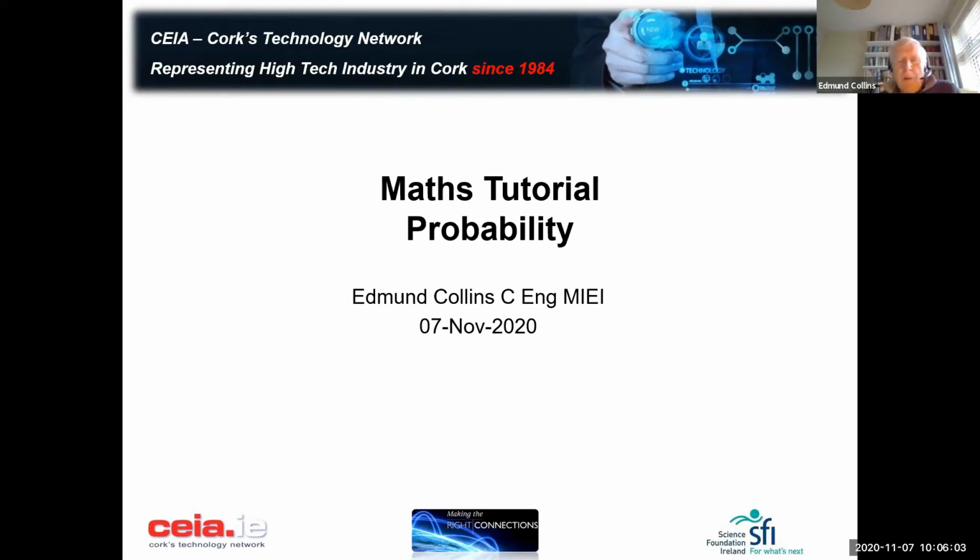Now, most of the probability questions don't require a lot of working. I have one example later on from last year's Leaving Cert paper, and that requires a little bit of work. But in the main, they wouldn't require the level of working that a trigonometry question or a calculus question would.